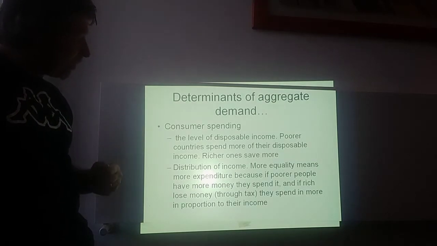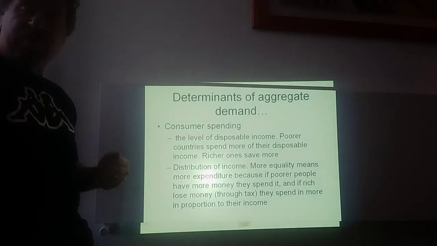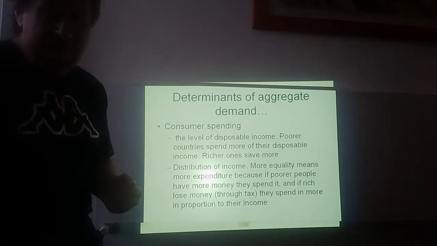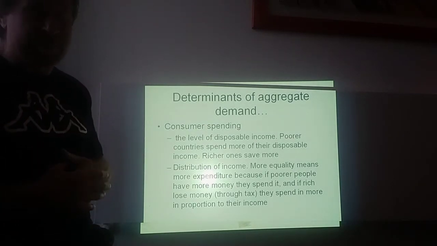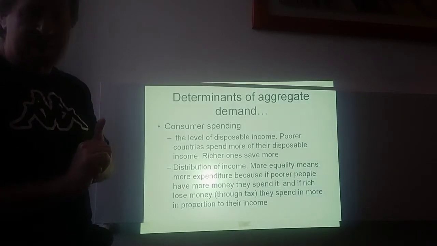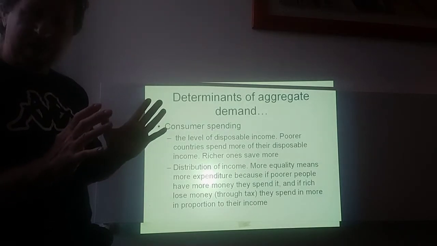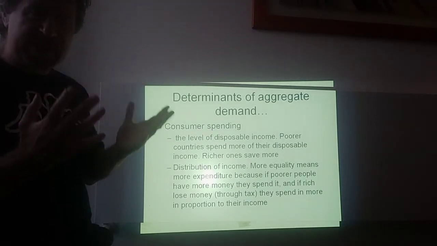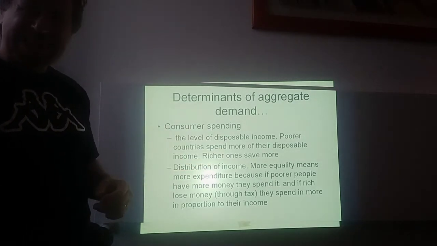You've got consumer spending, one of the components, and here the determinant is the level of disposable income. In richer countries you have more disposable income, they've got more income and maybe they don't spend it all, so that would be a determinant. If there's more disposable income in richer countries, they may save more.